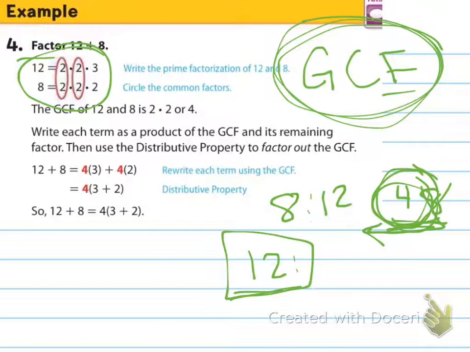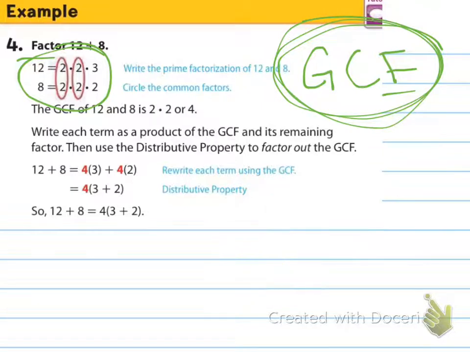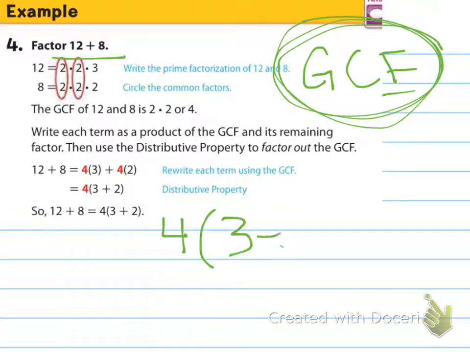So here's how we're going to use that information. Now we're going to take that 4 and we're going to put it on the outside of the parentheses. And on the inside of the parentheses, I'm going to find what 4 into 12 would be. So 12 divided by 4 would be 3. And 8 divided by 4 is 2.